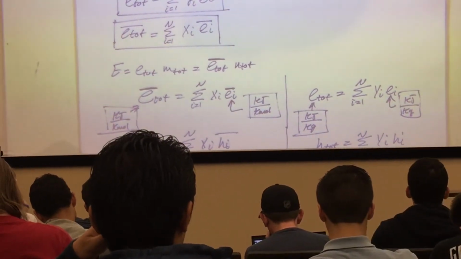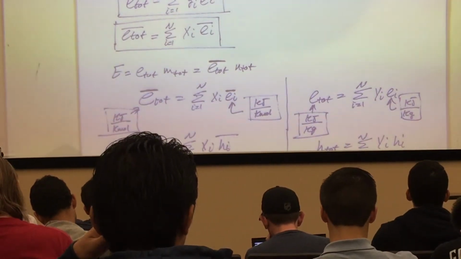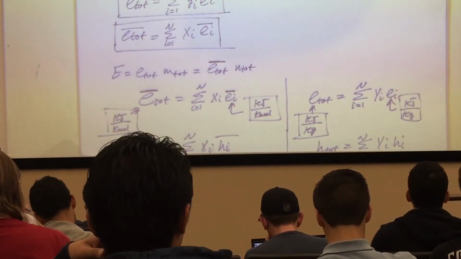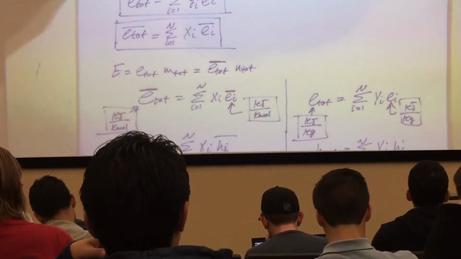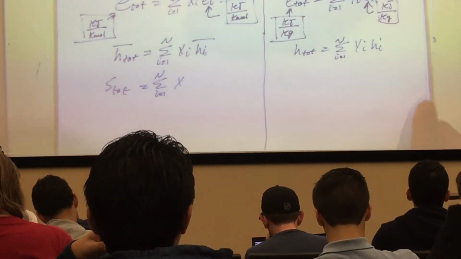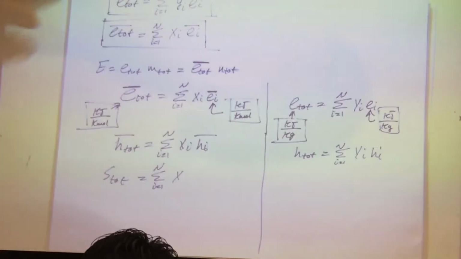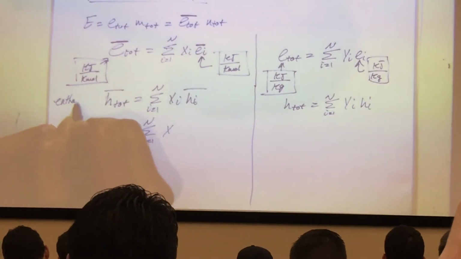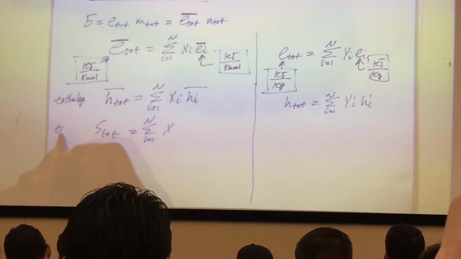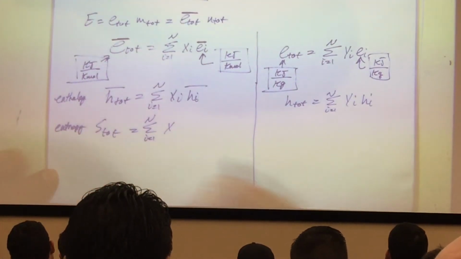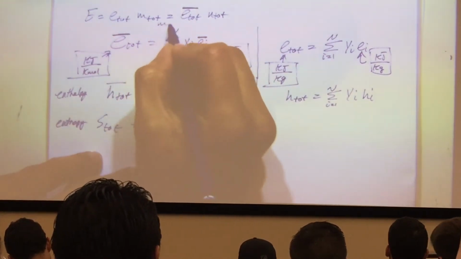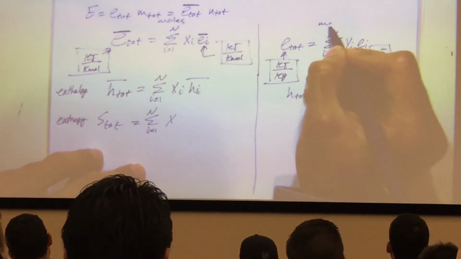Same thing with entropy. It's equal to the summation of i equals 1 to N. So enthalpy, entropy, and this is in terms of moles, this is in terms of mass.